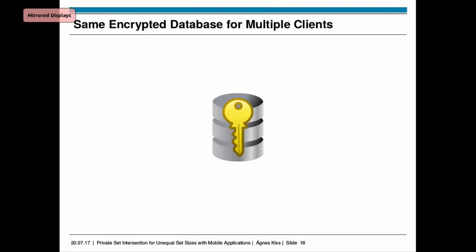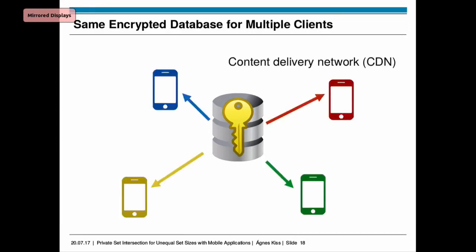What we have seen is that we can use the same encrypted database for multiple clients, and then we can assume that the service provider will be able to encrypt the database, do this couple of days of computation at some point, and then just use this encrypted database, inserted already in the Bloom filter, and send it either through a content delivery network or so, just send the same encrypted database to all the clients.